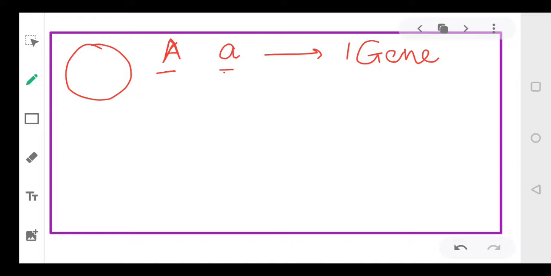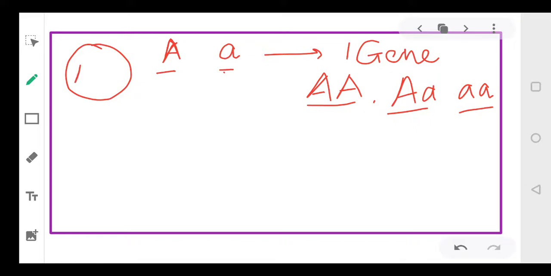Either the individual is AA, or Aa, or aa. So there are 3 possibilities of these alleles: capital A capital A, capital A small a, and small a small a. So in this population, we are talking about the 2 alleles, that is A and small a. Let's suppose there are 100 individuals.